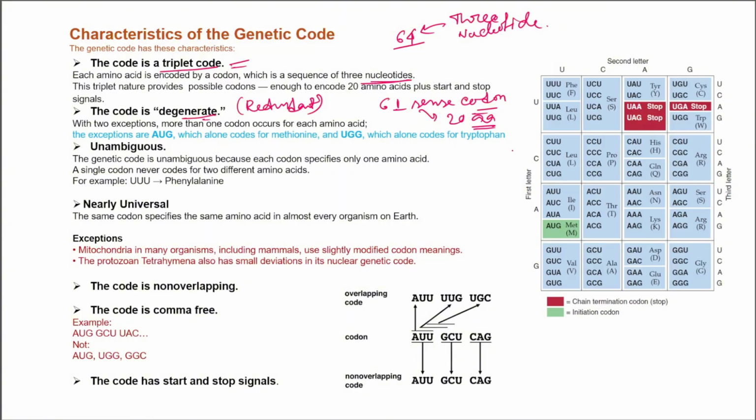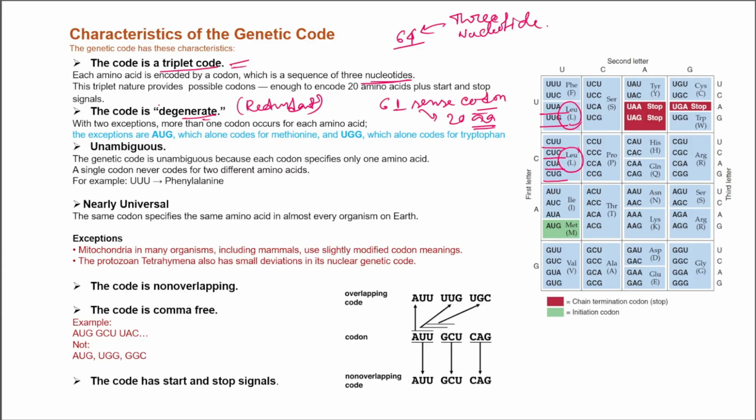If you look over here, 6 different codons: UUA, UUG, CUU, CUC, CUA and CUG, all code for the amino acid leucine. So one amino acid is coded by 6 different codons. That's the degeneracy of the genetic code.